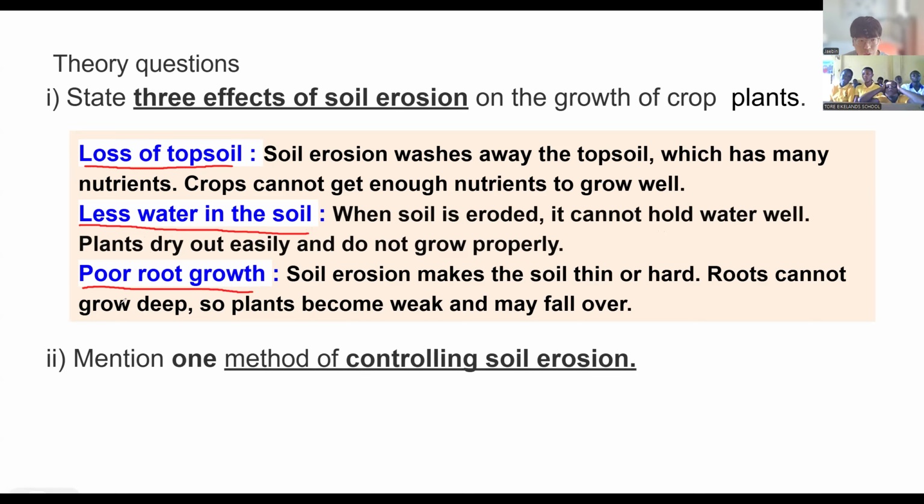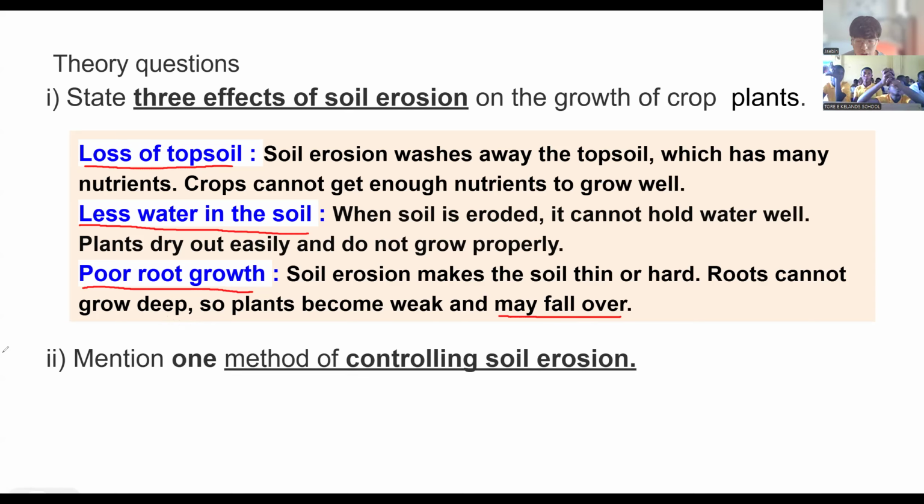Soil erosion can also cause poor root growth. So soil erosion makes the soil thin or hard, and roots cannot grow deep, so the plants become very weak. And if it's very hard for the roots to go through, then the trees might easily fall over.